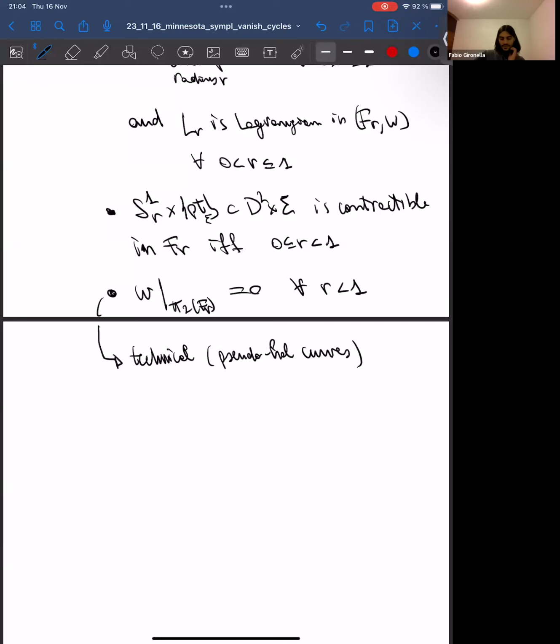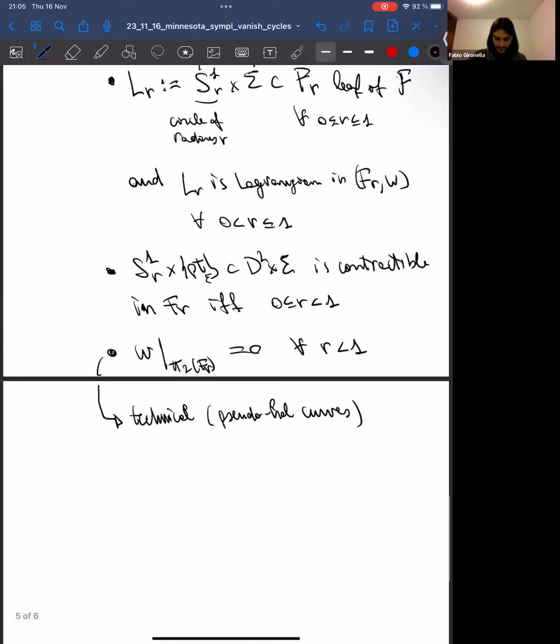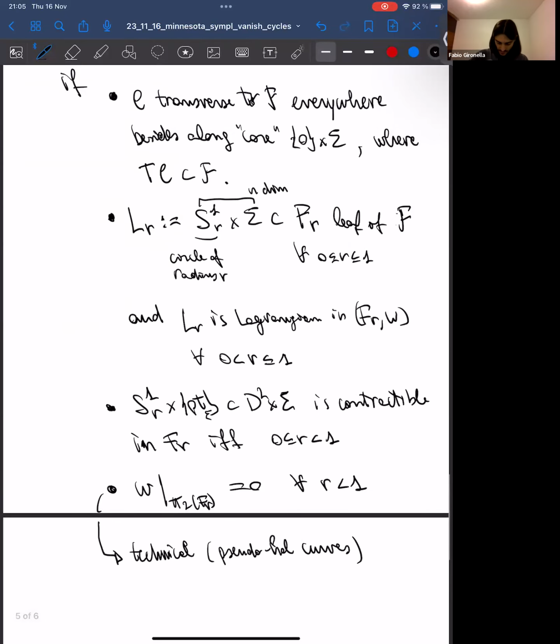If you know about pseudo-holomorphic curves, then this looks natural. Otherwise, just take it as it is. It's a technical condition, and that will be more clear later, hopefully. But these other three conditions should really tell you something geometrically.